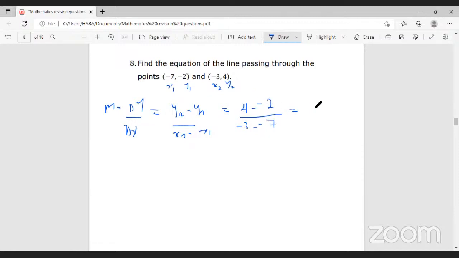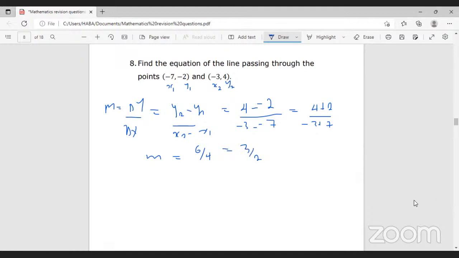So the upper one will change to 4 plus 2, and this will become -3 plus 7. 4 plus 2 is 6. -3 plus 7 is 4. So can we say this is 3 divided by 2?